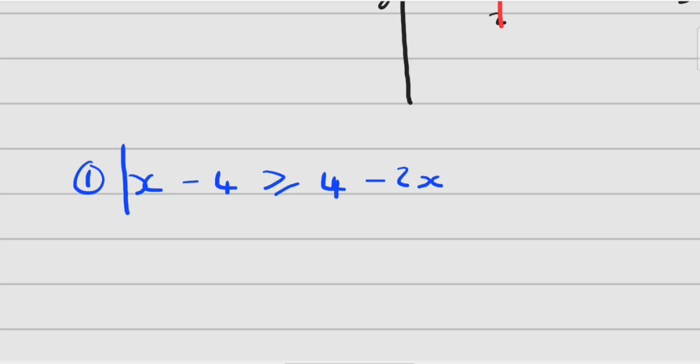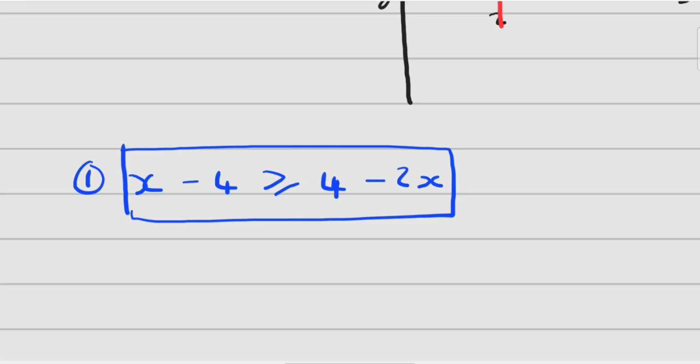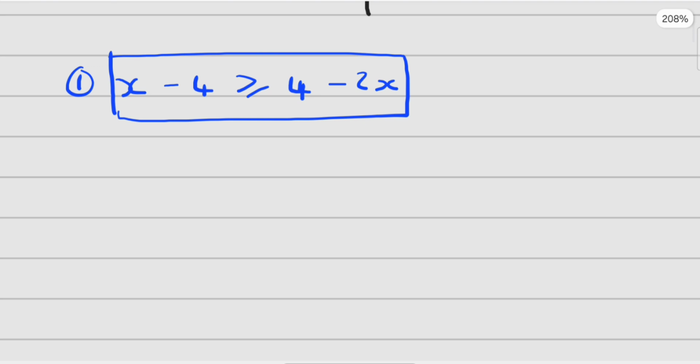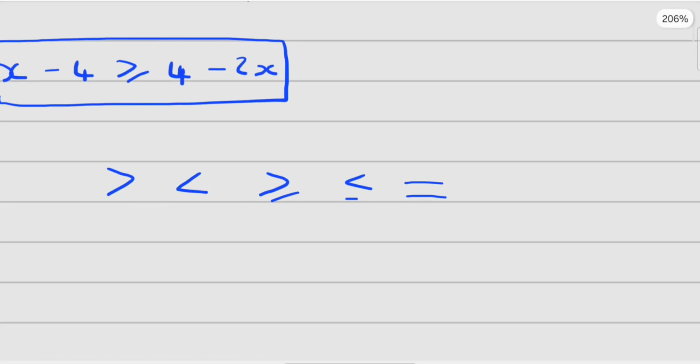But before we go ahead and solve this, let's talk about inequalities in general, right? We know inequalities in mathematics include these signs: greater than, less than, greater than or equal to, less than or equal to, and this one, like this, right?